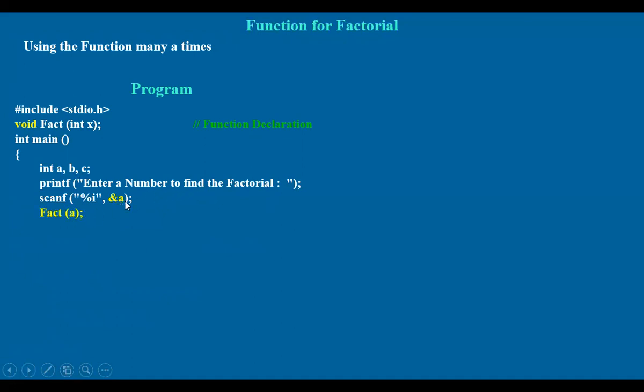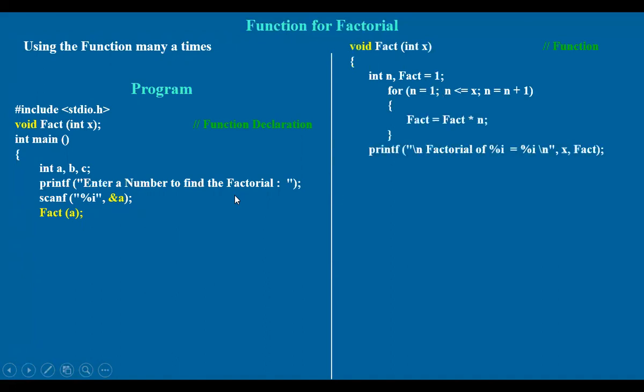Now, coming to the function, after taking this value, the function named fact is called and this value is passed on. So here is the function for the factorial calculation, and here it is displaying the value of fact, whatever the value calculated here, x number of times.